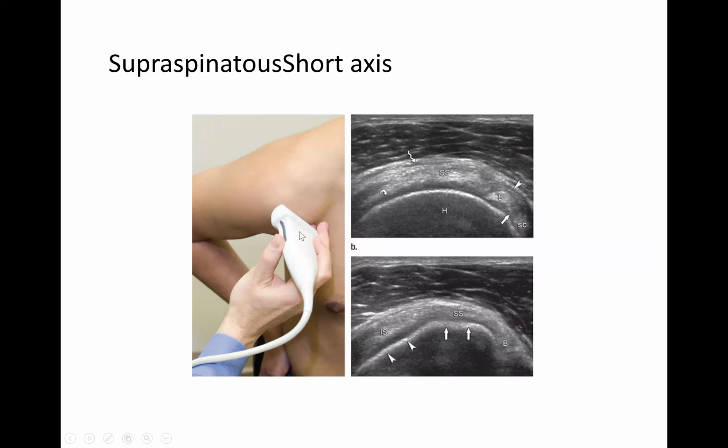If we move our probe a little posterior, we will be able to see the supraspinatus, and more posterior will be the attachment of the infraspinatus. So in short axis also, you need to see the complete tendon from anterior to posterior. So this is how we examine the supraspinatus tendon.